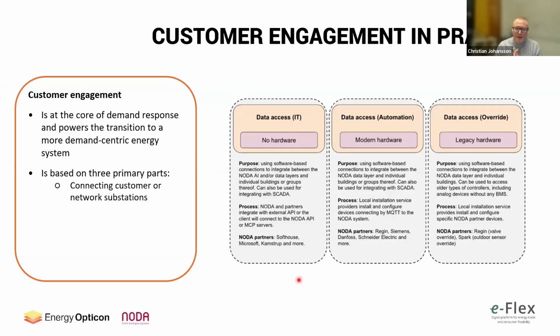But if you have 1,000 buildings, then you need to ensure that all of them are really operating automatically, self-learning, and using the data that they have available to them. And this is really where we see that these kind of technologies start really shining.